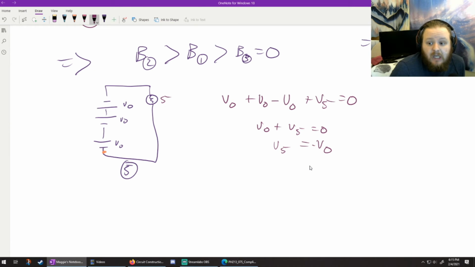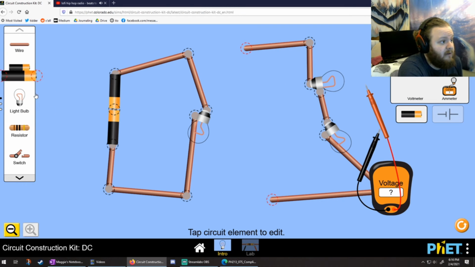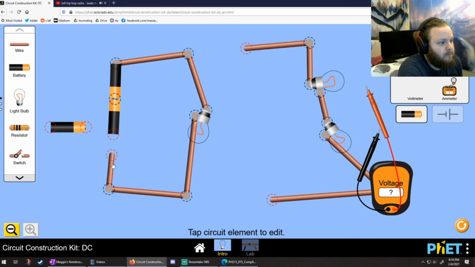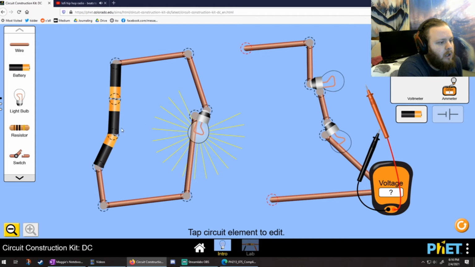Well, that makes sense. We just stuck 2 batteries of opposite terminal into the circuit. And my gut is telling me that if I stuck another battery in here and then close the circuit, it should be 1 bright.